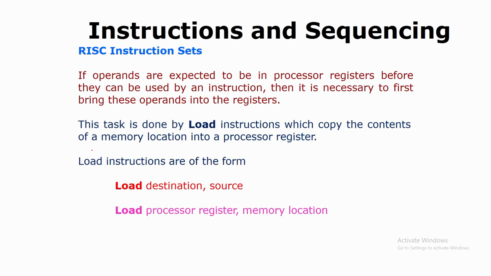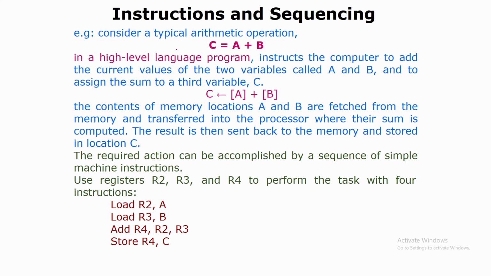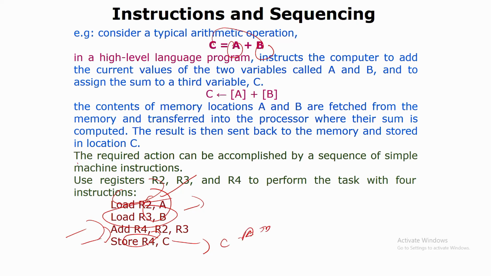Now let us see how these arithmetic operations are executed. Consider an example: C = A + B. First, the operands are stored in memory locations A and B. These are transferred to the processor registers using the instructions load R2, A and load R3, B. Then the instruction add R4, R2, R3 computes the summation of those two operands, and the result is stored in register R4. So the final result of C = A + B has been executed.